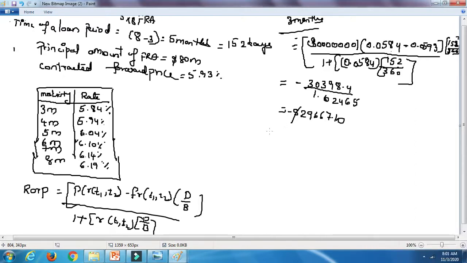Here the 3 months spot rate, 5.84%, is less than the forward rate, isn't it?